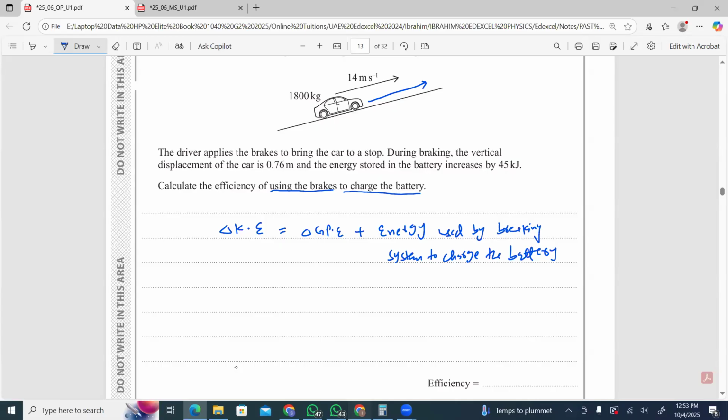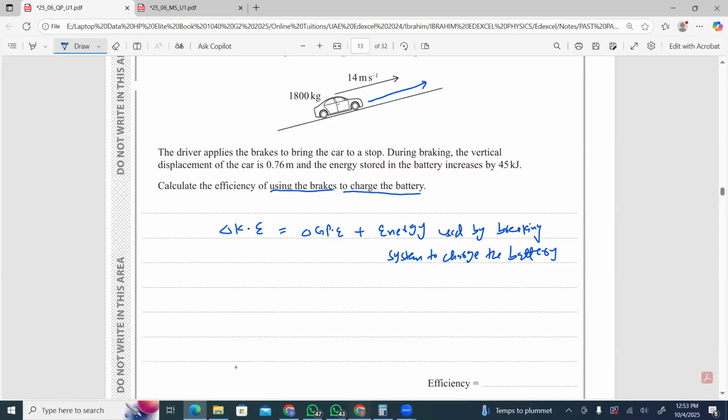So if initially the body is moving and having kinetic energy and you are running on an incline towards some height, it means your kinetic energy is going to be reduced, and it will be converted into gravitational potential energy and the energy used in the charging of the car.